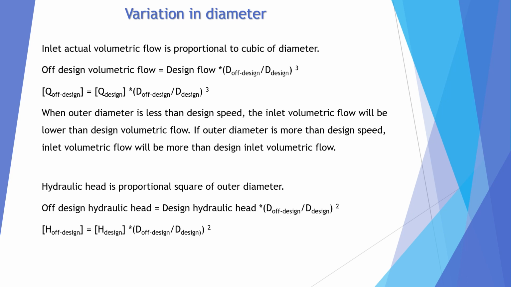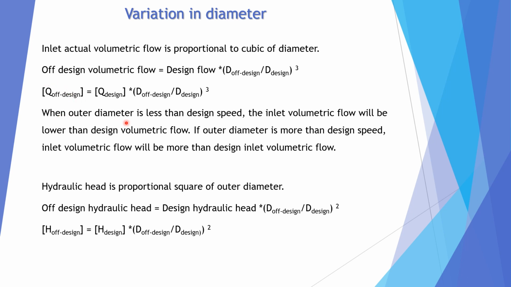Variation in diameter. Inlet actual volumetric flow is proportional to cube of diameter. So Q of design is equal to Q design into D of design upon D design to the power 3.